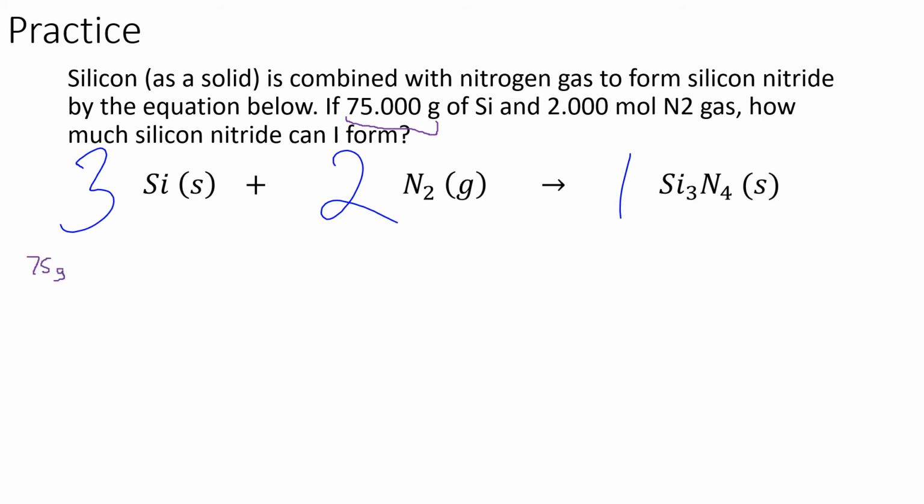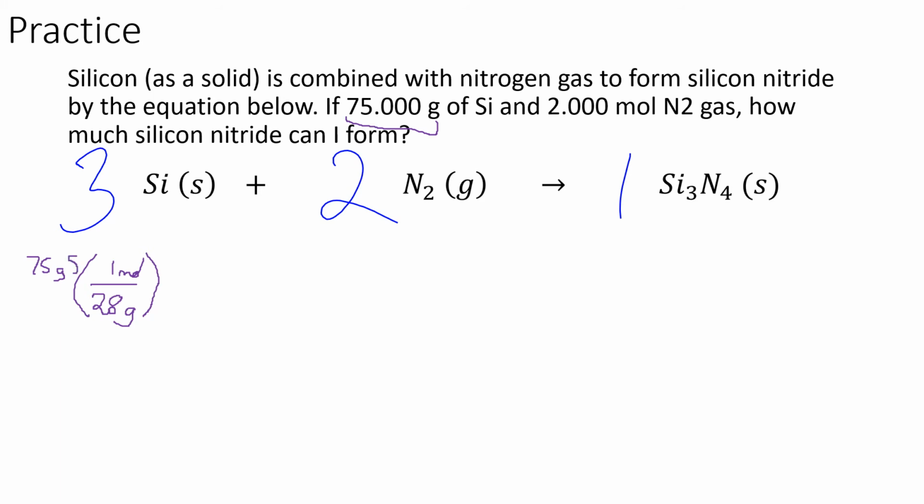We've got to take 75 grams, and let's see. If I look up the molar mass of silicon on the table, I get that it's about 28 grams for 1 mole. I should have done this to start with, but I'm going to not rewind and redo it. I'm going to stick it in here, maybe so that it sticks out in your head.